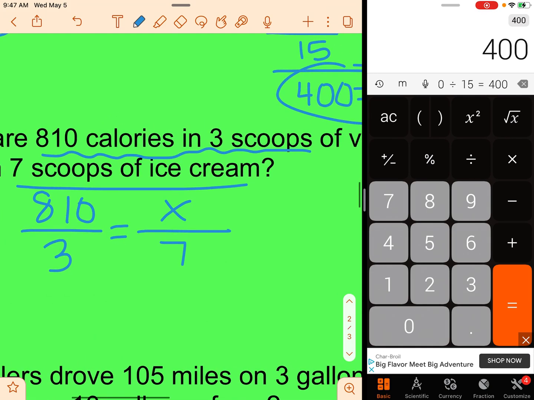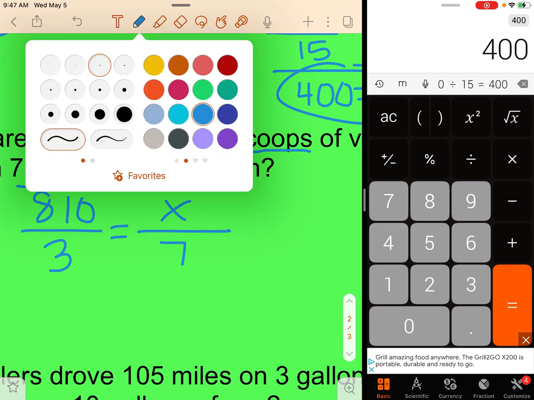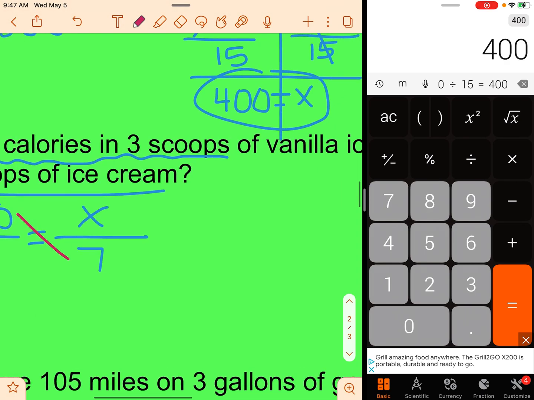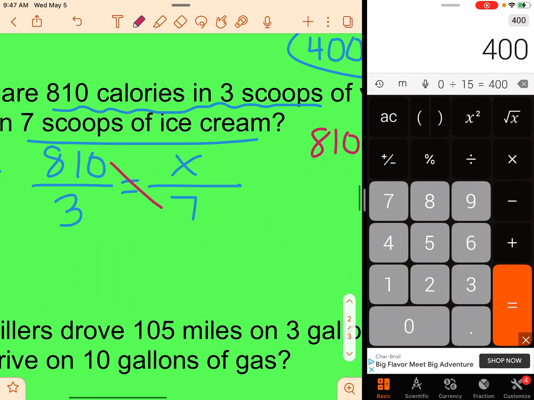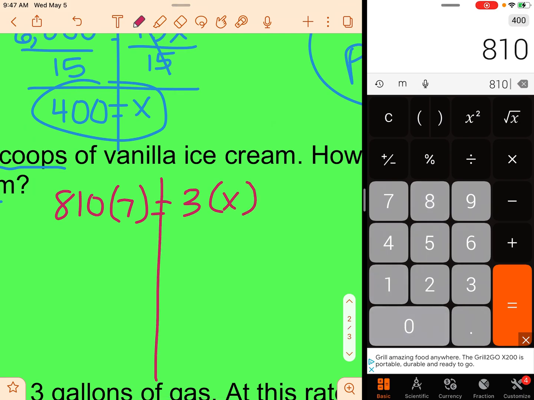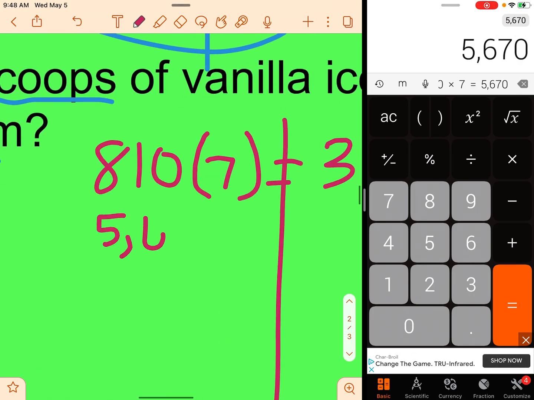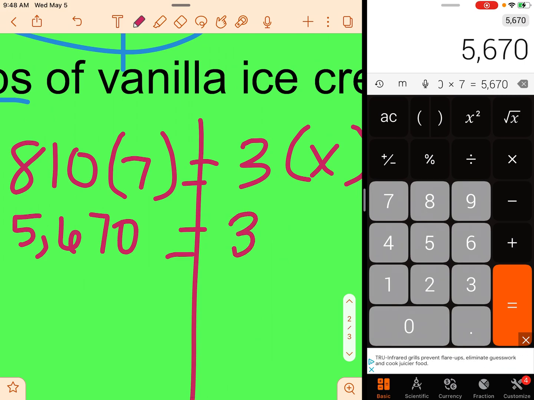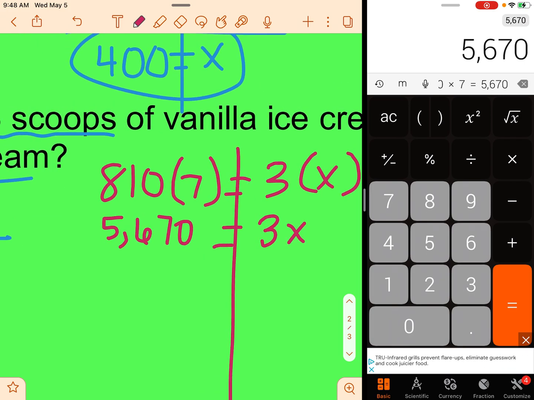Now we cross multiply. 810 times 7 is set equal to 3 times X. Draw your line. 810 times 7 gives us 5,670, and that's equal to 3X.